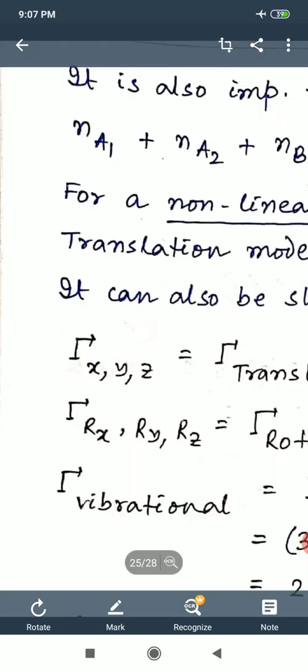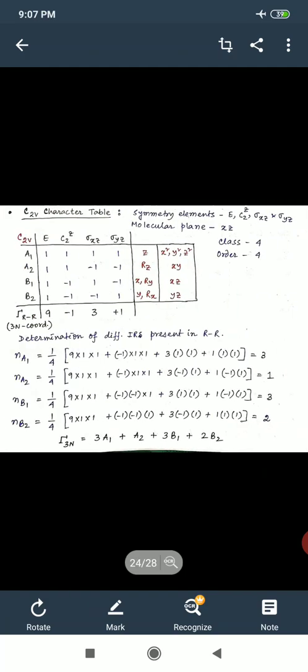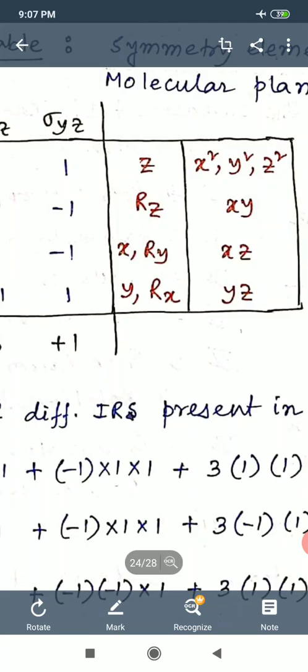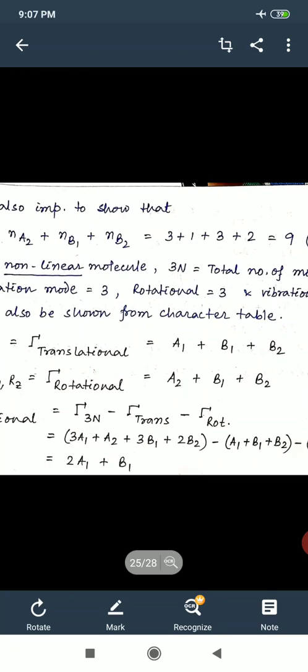And if I talk about the rotational, that means Rx, Ry, Rz. Checking, Rx, Ry and Rz are there, and they represent B2, B1 and A2. So that's why we write A2 plus B1 plus B2. So what would be the Bethe notation of the vibrational modes?